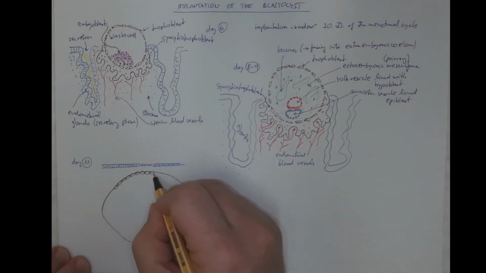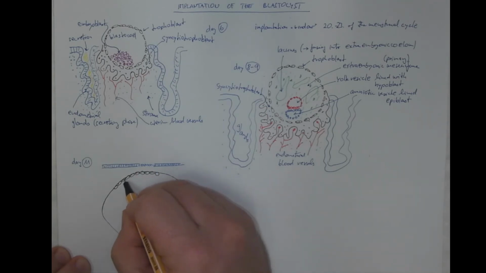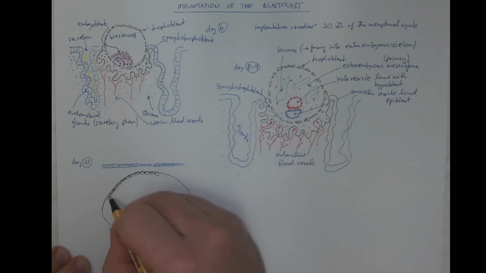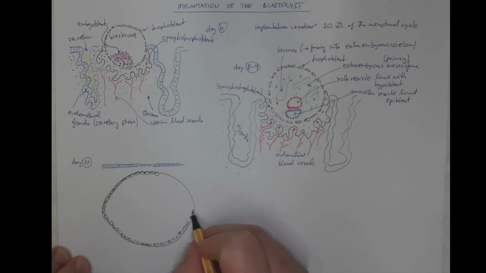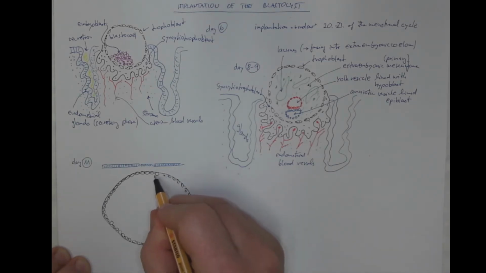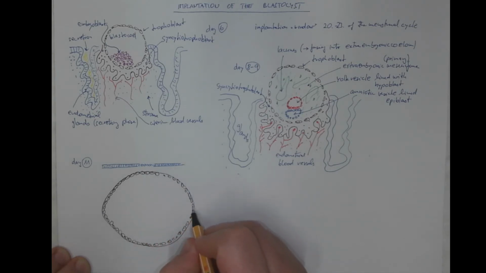It's the one that has this form of simple cuboidal epithelium. Let's call it the cytotrophoblast from now on. Okay, 1 layer of cuboidal cells. Will persist through the first trimester.